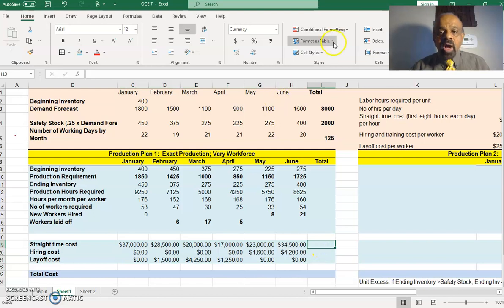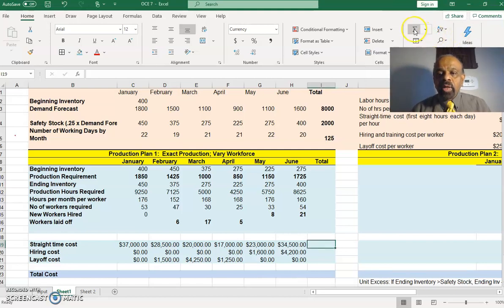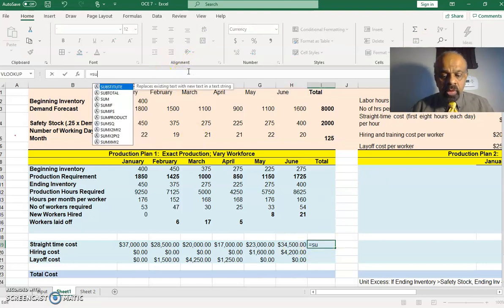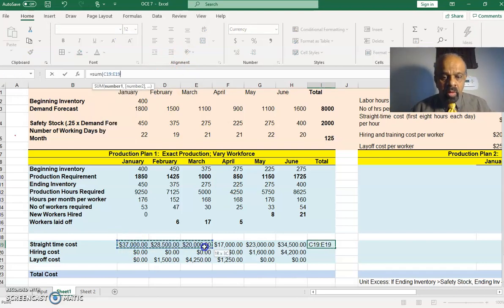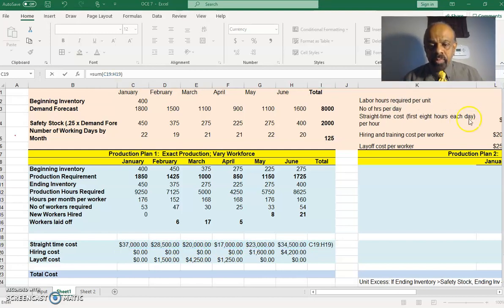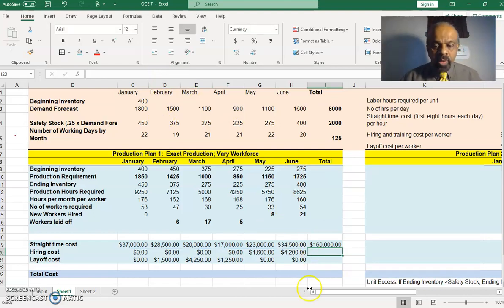The total straight time cost basically is, I'm going to move this a little bit, hit this sigma, and it is going to be equal to the sum of all these numbers, and that is going to be $160,000.